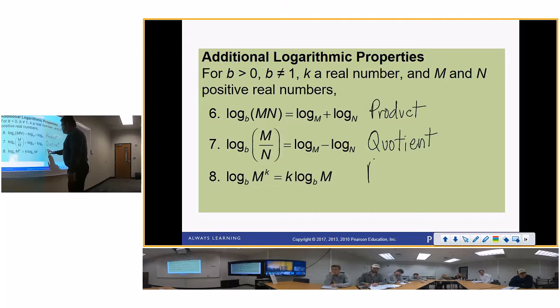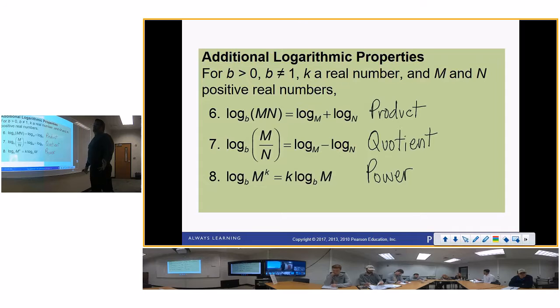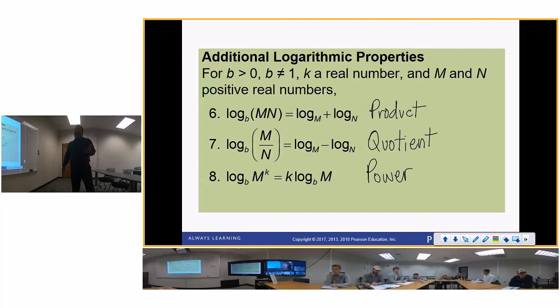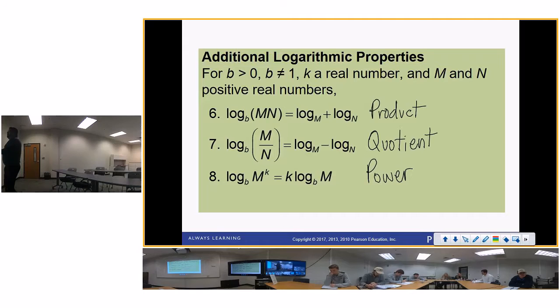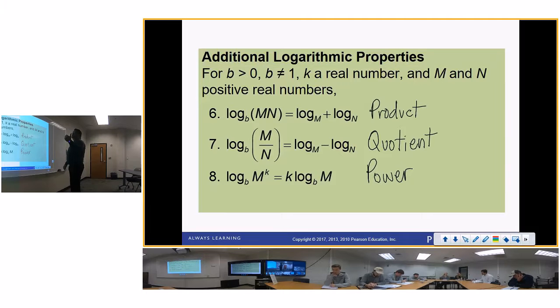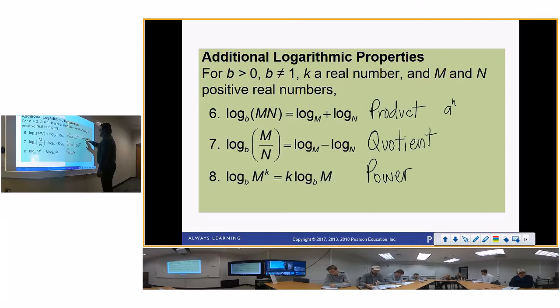Now, the reason I want you to know the names is so you won't sound ignorant. And the other reason is that they correspond with the what rules that we went over the other day? The exponential rules. A to the n times a to the m is equal to a to the n plus m, and so on.